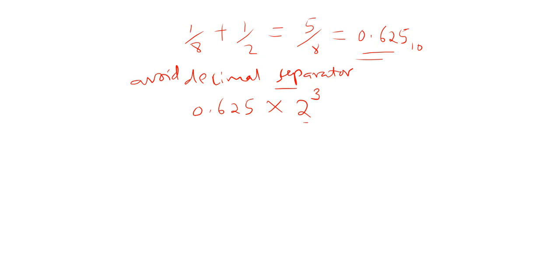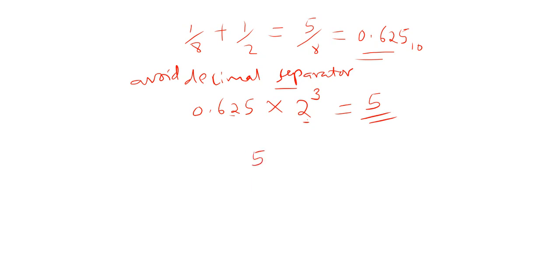We are using 2 because we are changing to binary. So we multiply by 2 to the number of decimal places. When you do that, this will give us a constant 5. So we now divide the 5 using the repeated division method by 2.